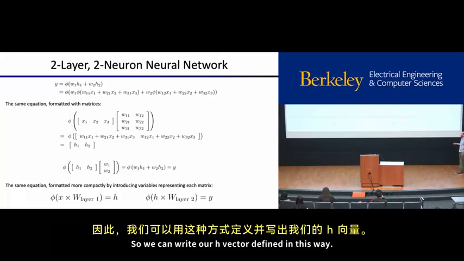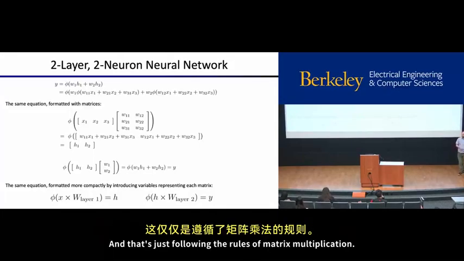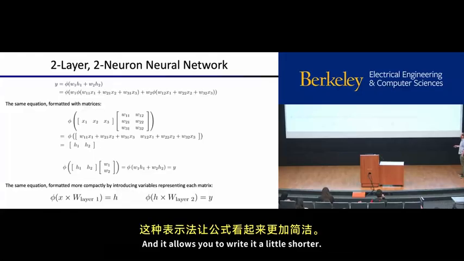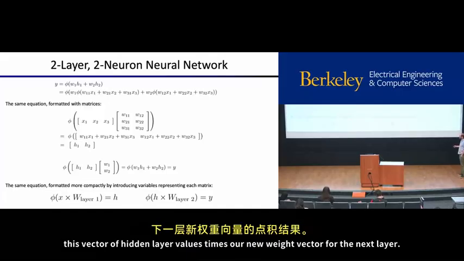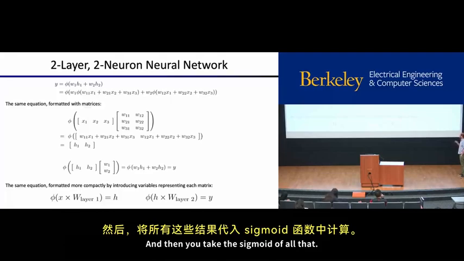So we can write our H vector defined in this way, just following the rules of matrix multiplication, and it allows you to write it a little shorter. Then your Y is just the dot product of this vector of hidden layer values times our new weight vector for the next layer, and then you take the sigmoid of all that.